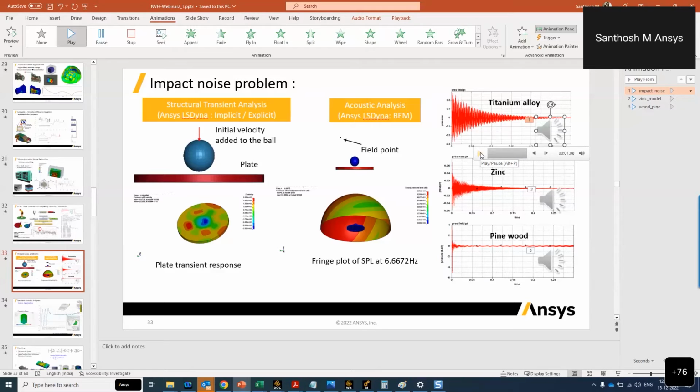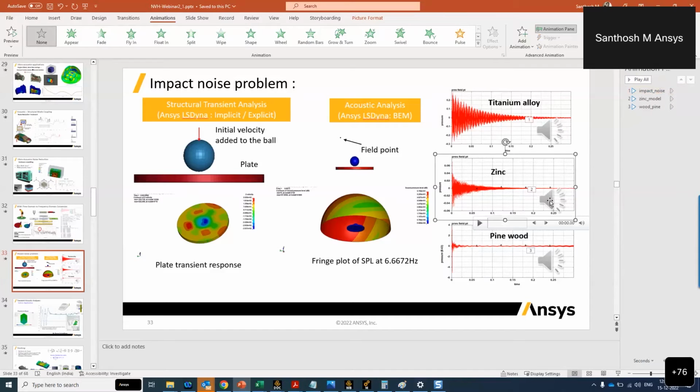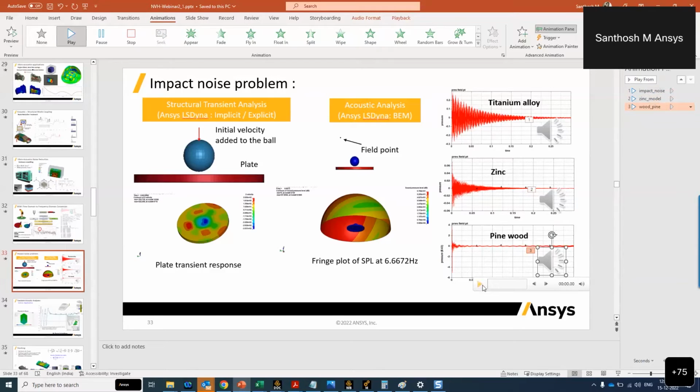Ravi, can you hear now? Yes, Santosh. Okay, good. And then this is the sound when the ball impacts the zinc plate. The same when we use pine wood.